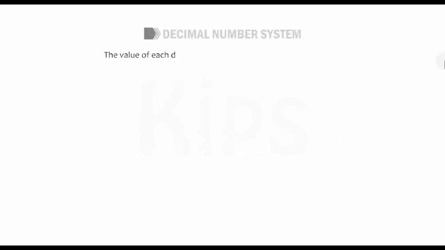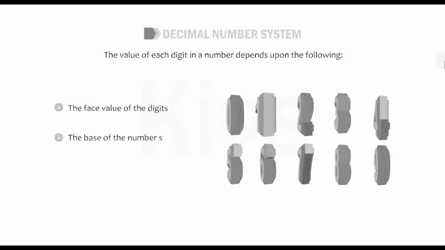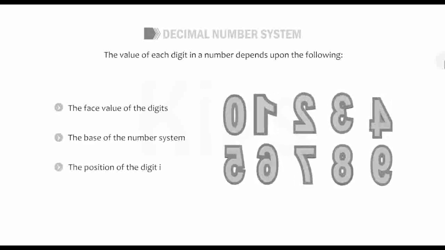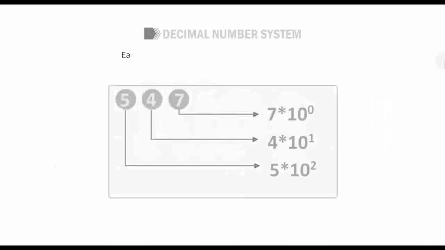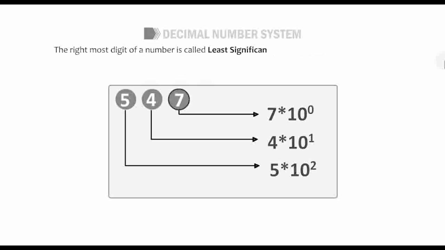The value of each digit in a number depends upon the following: the face value of the digit, the base of the number system, the position of the digit in the number. Each position represents a specific power of base 10. The rightmost digit of the number is called least significant digit, whereas the leftmost digit is called most significant digit.